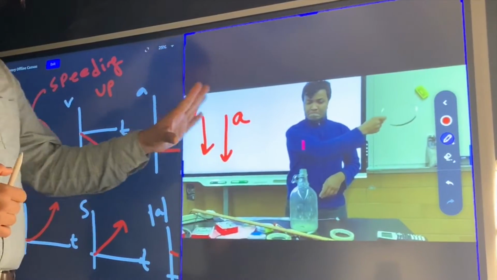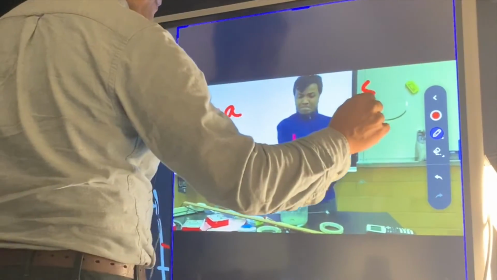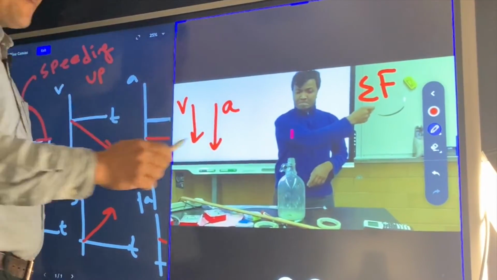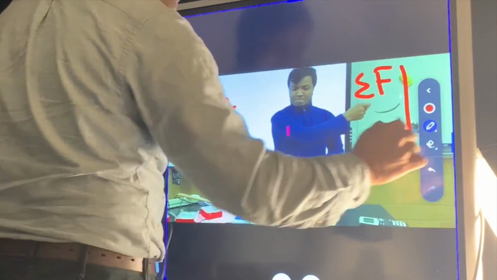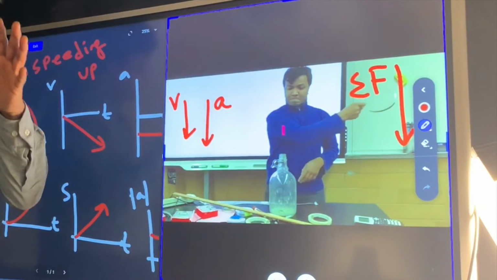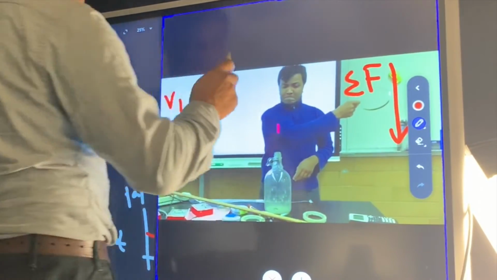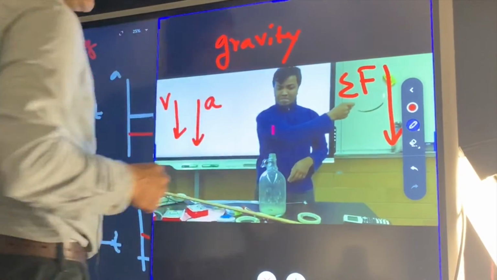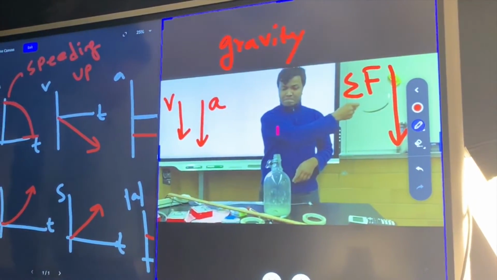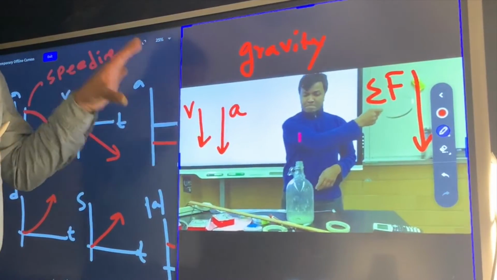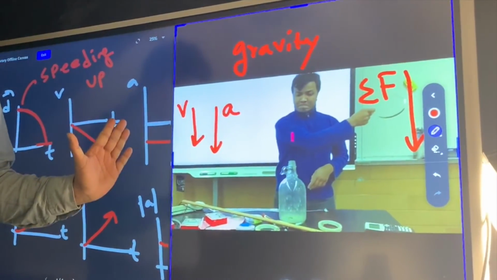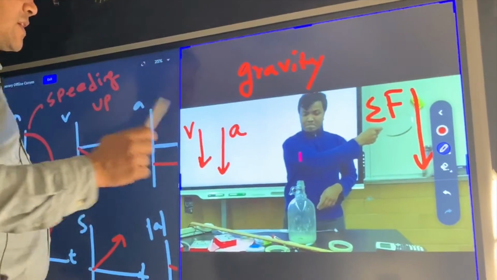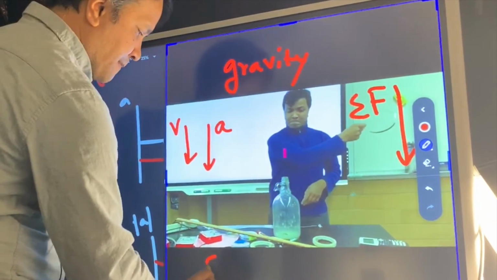What is the source of acceleration? Net force. What is the direction of the net force? Also downward. What is the source of net force? Gravity. So once again, the object is speeding up because the velocity and acceleration are in the same direction.